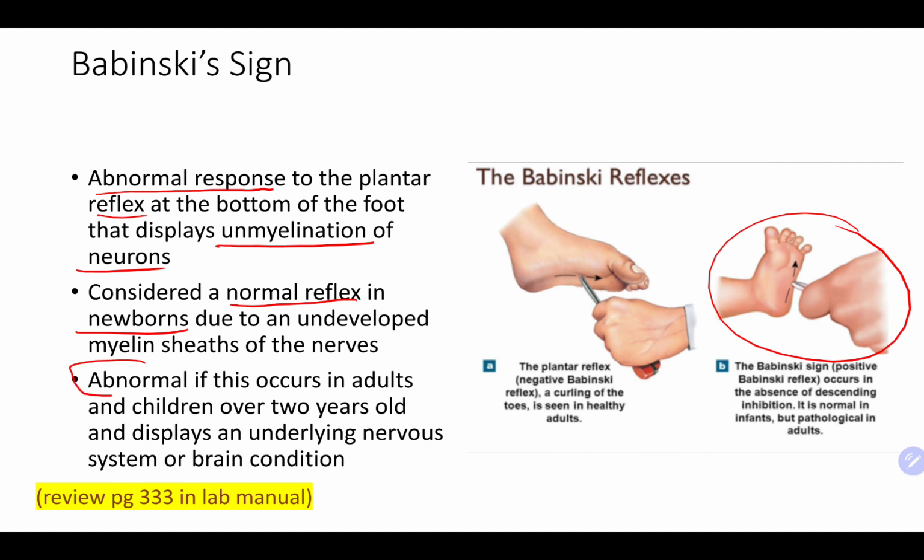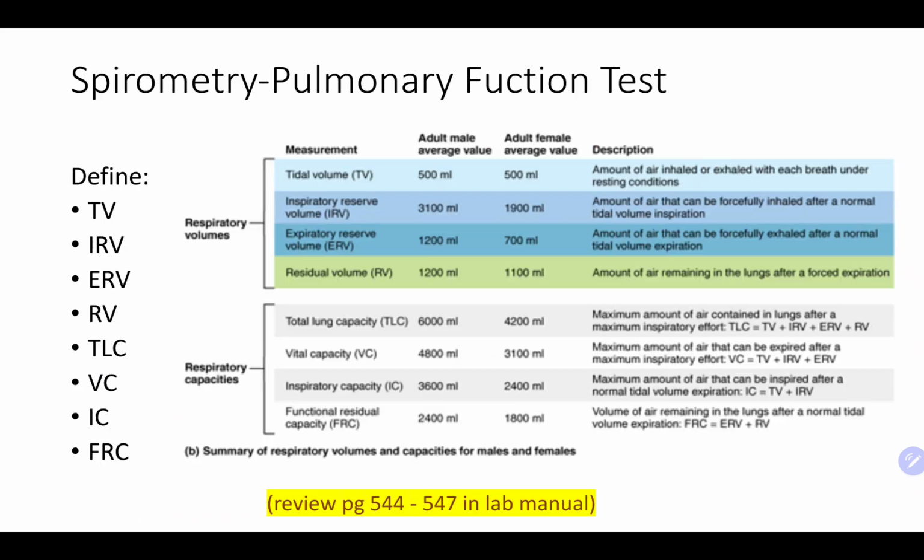However, it's abnormal in adults and in children over 2 years old, because they should have myelin sheaths formed on their neurons. But if we have this Babinski sign, the fanning out of the toes when you stroke the sole of the foot, it will display underlying nervous system or brain conditions, okay?